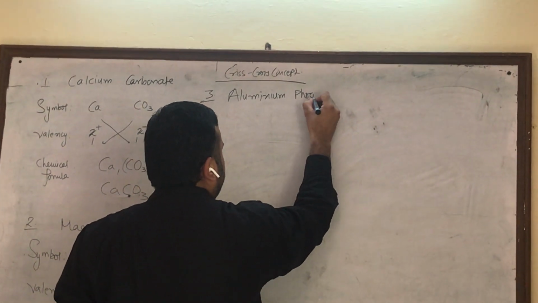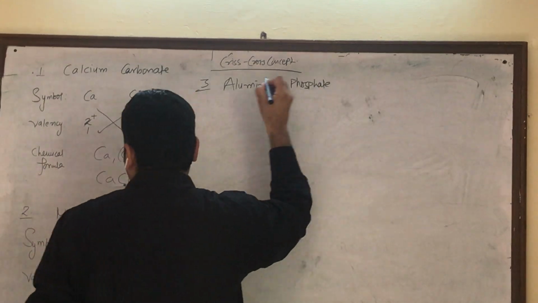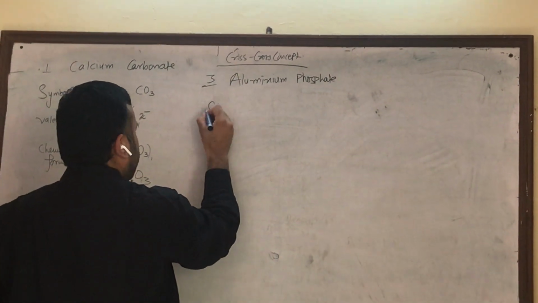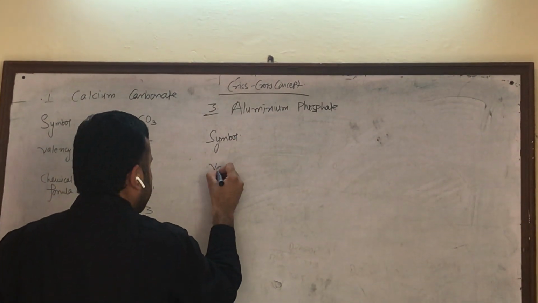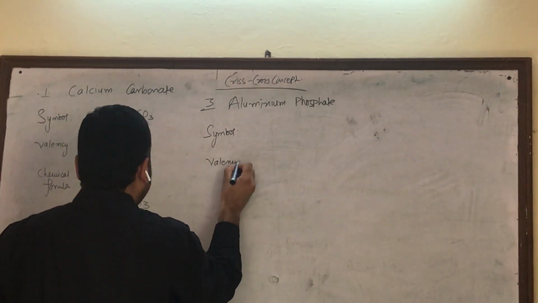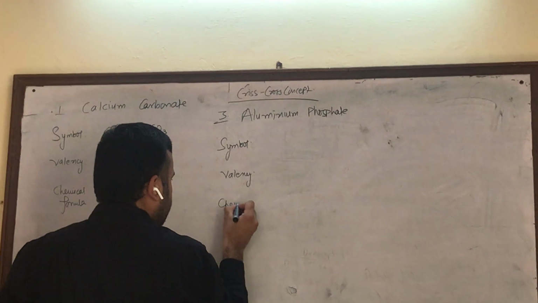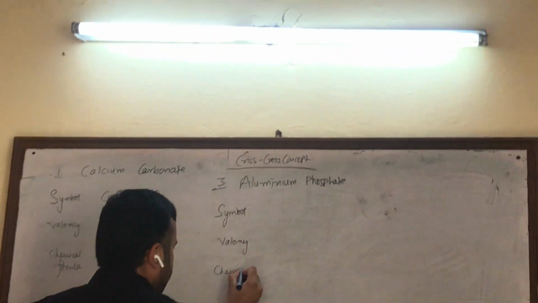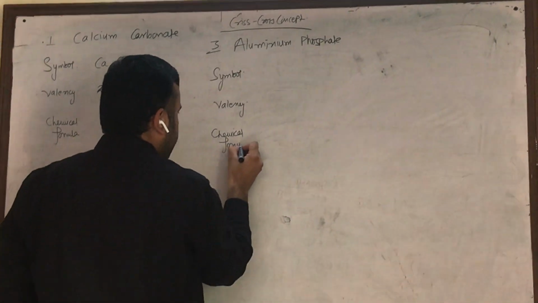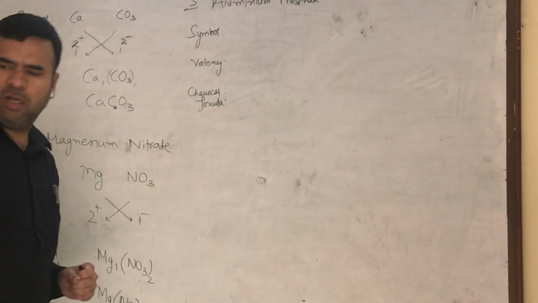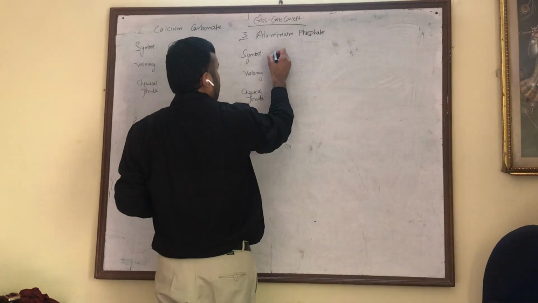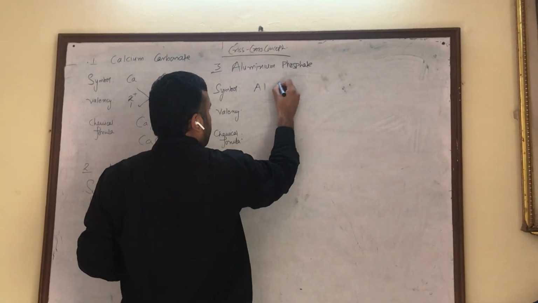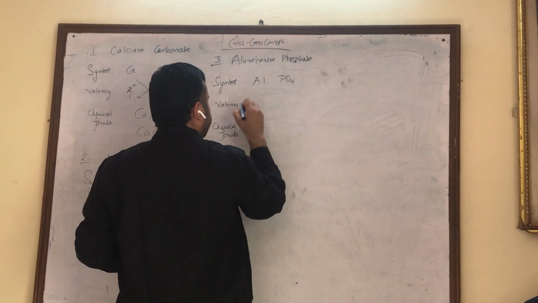Aluminium phosphate. Phosphate is a radical which always creates some kind of disturbance. Symbol, valency and chemical formula, this will remain the same. Please always write it down. You can note it down side by side, class 9. Aluminium phosphate. Aluminium is Al, phosphate is PO4.